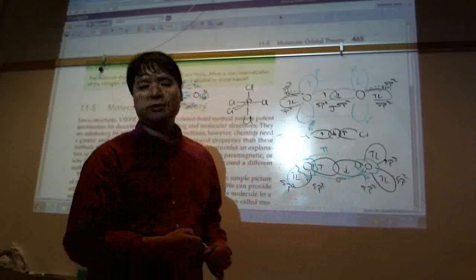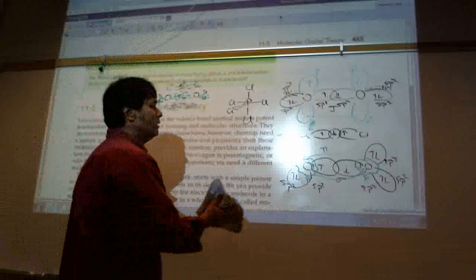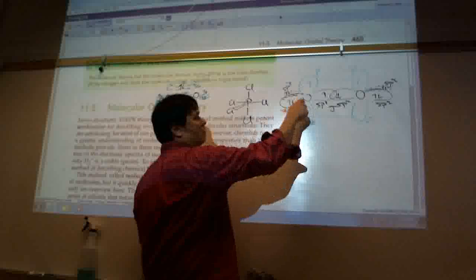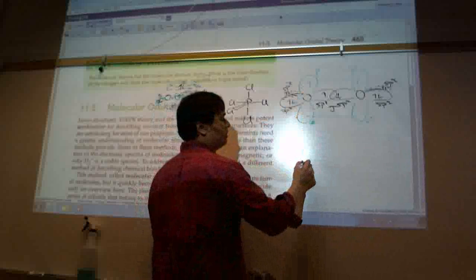And so the key difference between this and a trigonal bipyramidal arrangement of orbitals is that the axial is not 1 but split into 2.